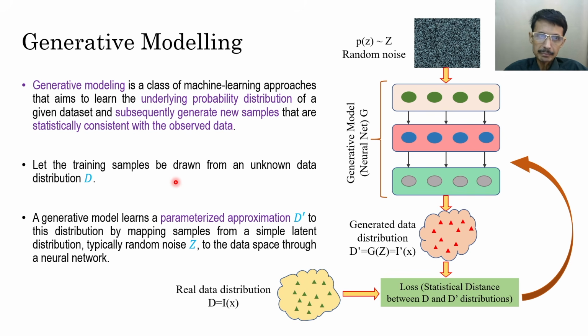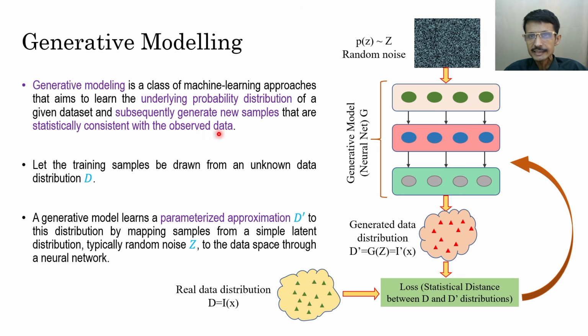And what is the purpose? After understanding the distribution, our goal is to subsequently generate new samples. These new samples that we generate are statistically consistent with the observed data. Observed data means the given data set. That is the major agenda of generative modeling.